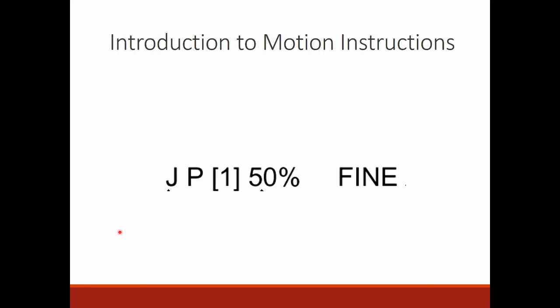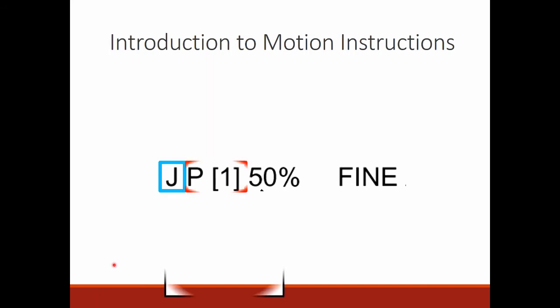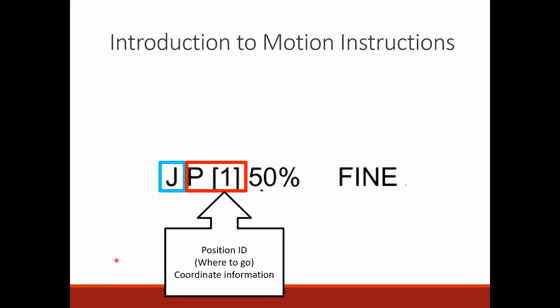Our motion instruction is made up of several different components. The first component is our motion type. This is indicated by either a J, an L, or a C, meaning joint, linear, or circular motion type. The next component is our position ID.